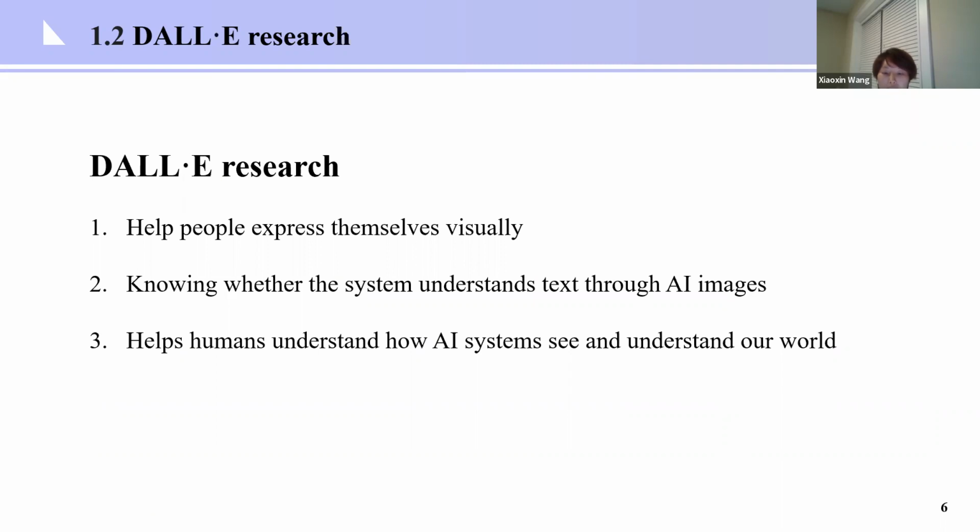Third, DALL-E helps humans understand how AI systems see and understand our world. This is a critical part of building AI that's useful and safe. All in all, DALL-E has shown us how AI systems understand and create the world through visual images.